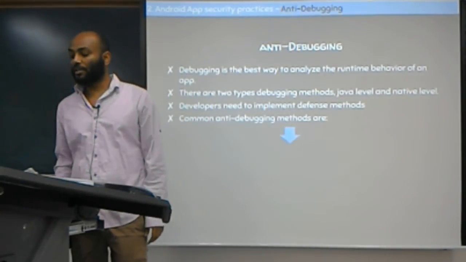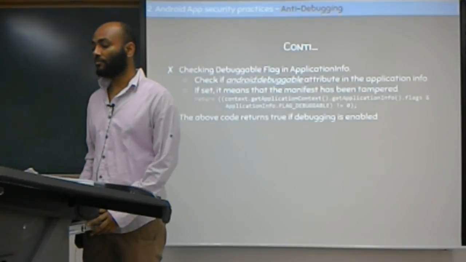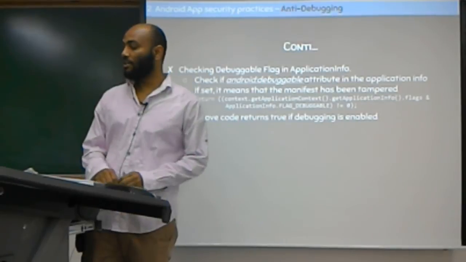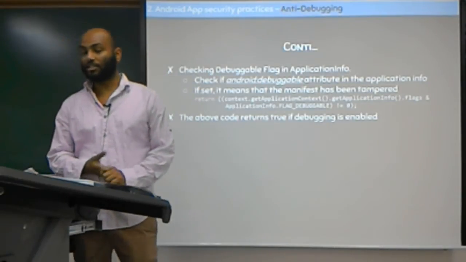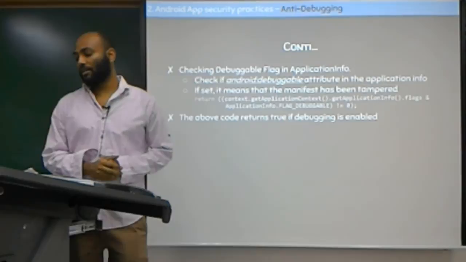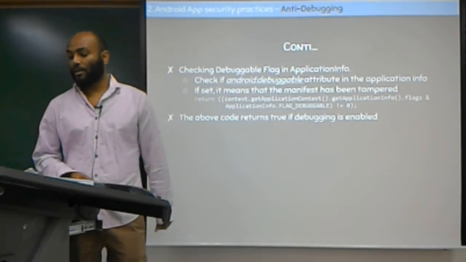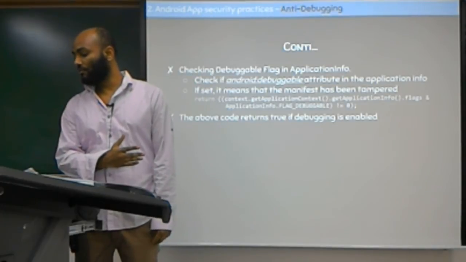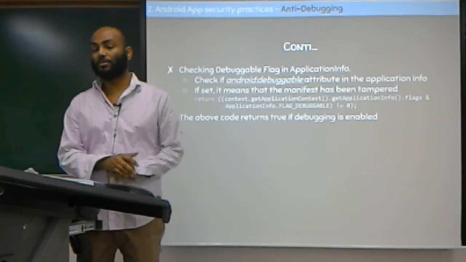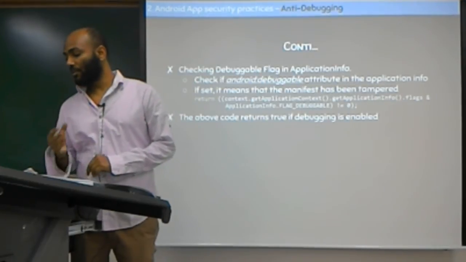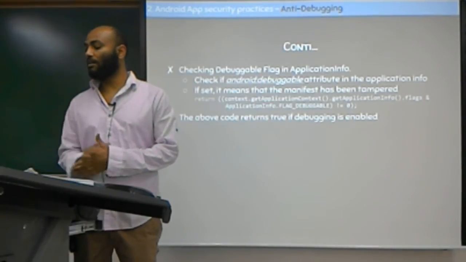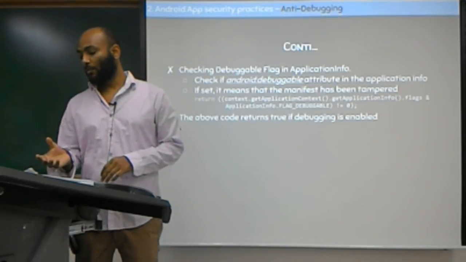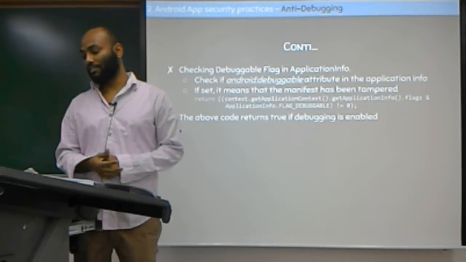The common anti-debugging methods are checking the debuggable flag in the application info. We can check the Android debuggable attribute in the application info. If the application is connected to a debugger, if it is debuggable, this value is set, so we can suspect that the application is in debug mode.